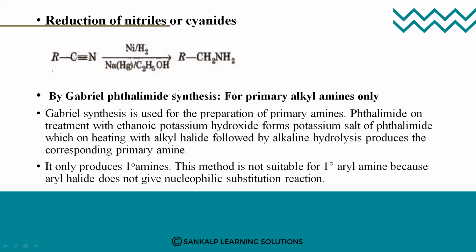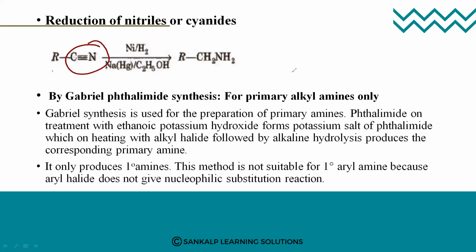Reduction is possible in the presence of nickel, which is a good reducing agent. Then we can add hydrogen, or use sodium amalgam, that is NaHg, in liquid ammonia and ethanol. What is done here?